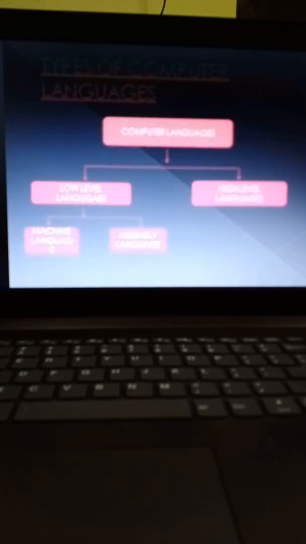Then I told you about these types of computer languages. Computer languages are divided into two types: low-level languages and high-level languages. And low-level languages are again categorized into two categories: machine language and assembly language.